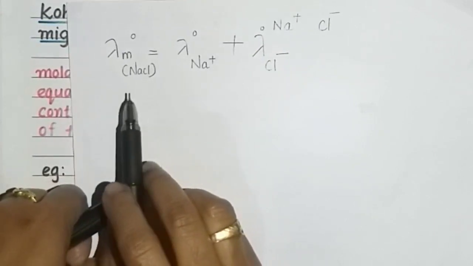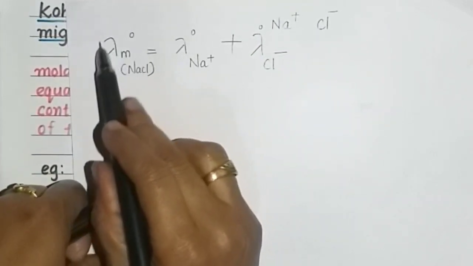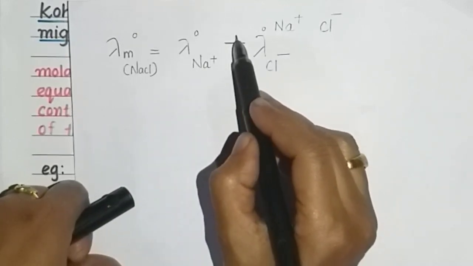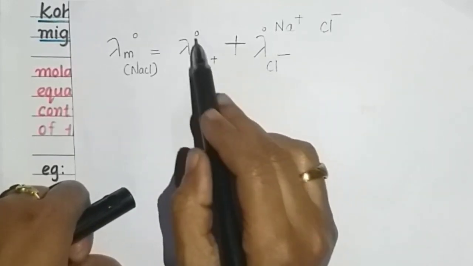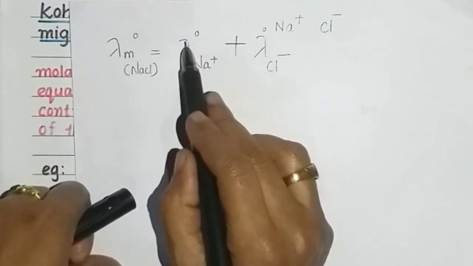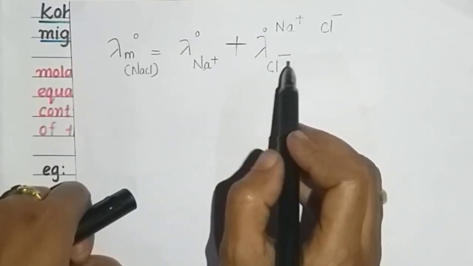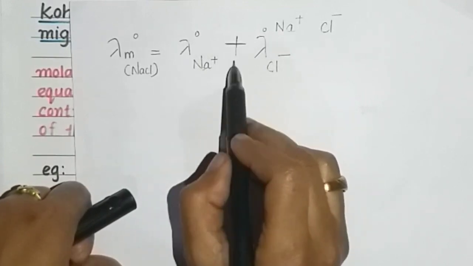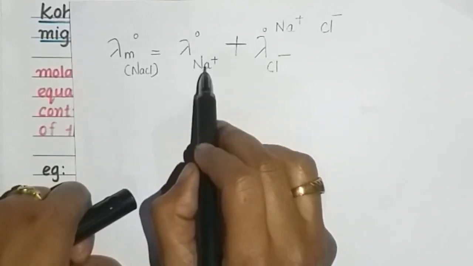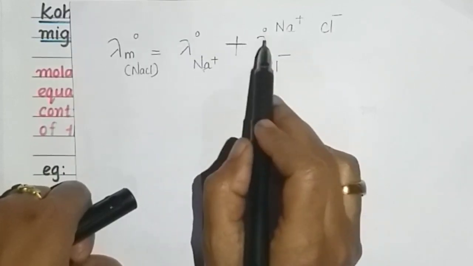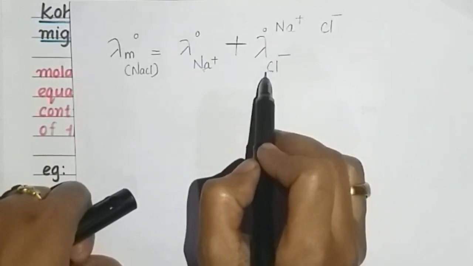Listen, the limiting molar conductivity of an electrolyte is equal to the sum of individual contributions of its cations and anions present in the electrolyte. That means the limiting molar conductivity of the cation plus the limiting molar conductivity of the anion.